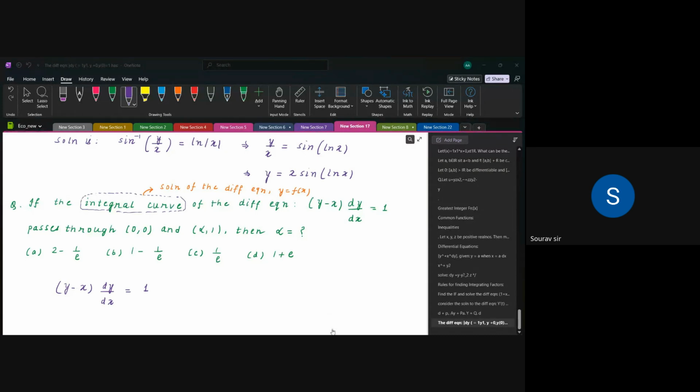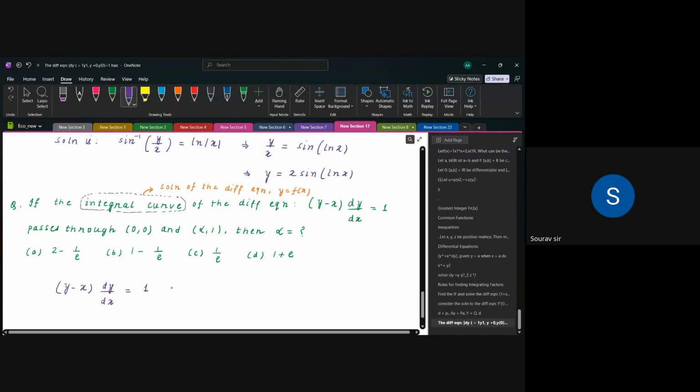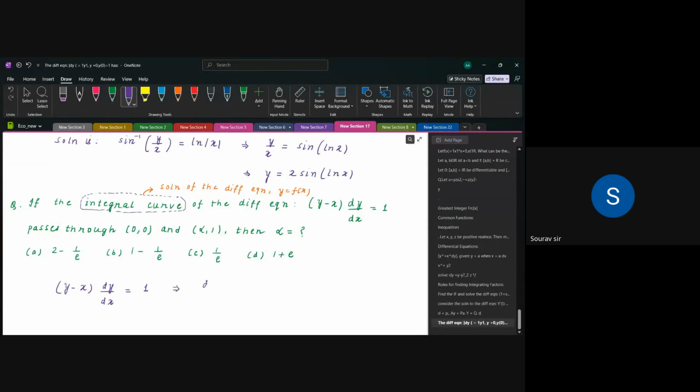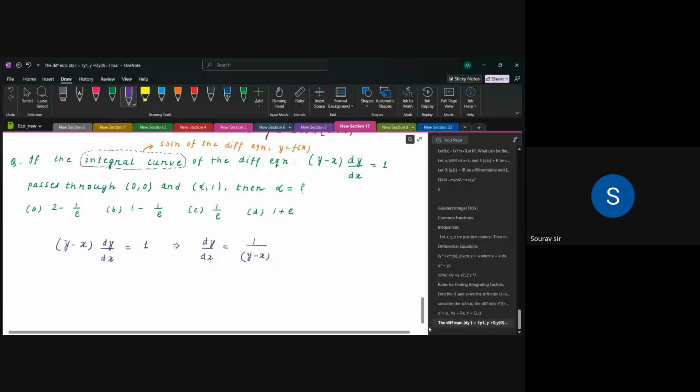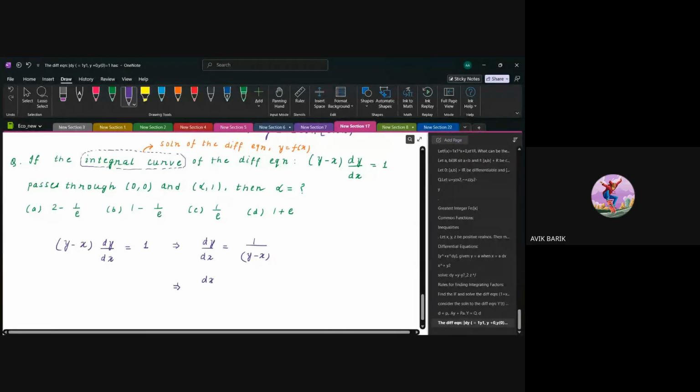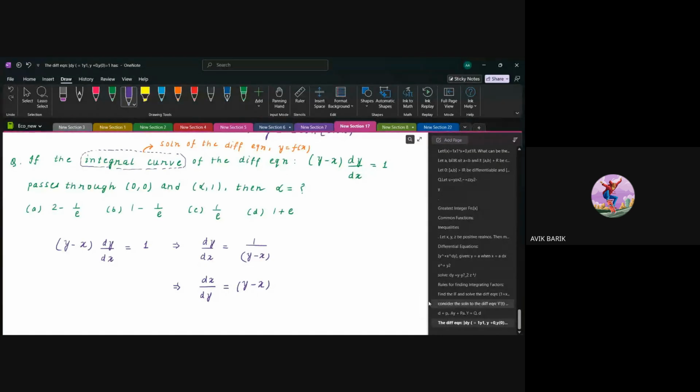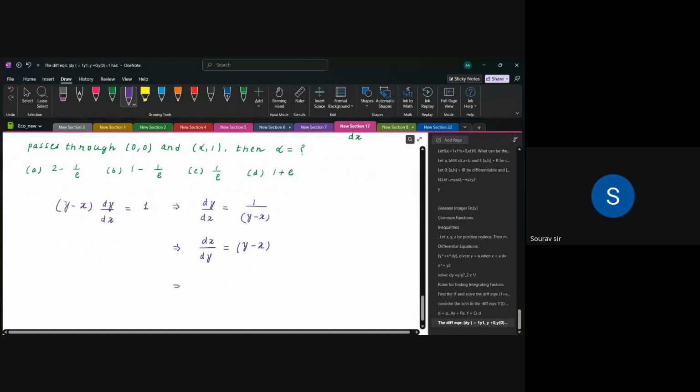If you write it this way, dy by dx equals 1 by y minus x, right? So I can't separate the variables. But if I flip it, dx by dy equals, exactly. So dx by dy plus x equals y.